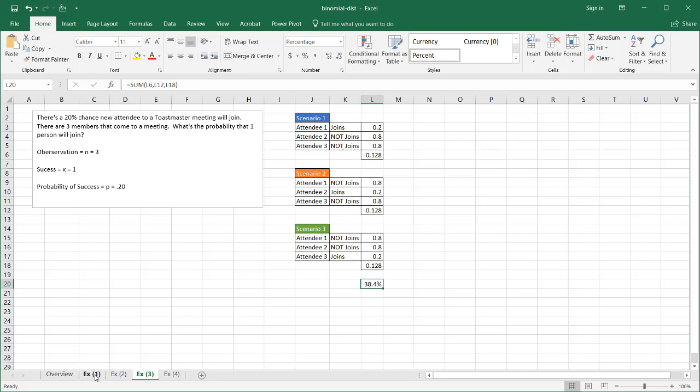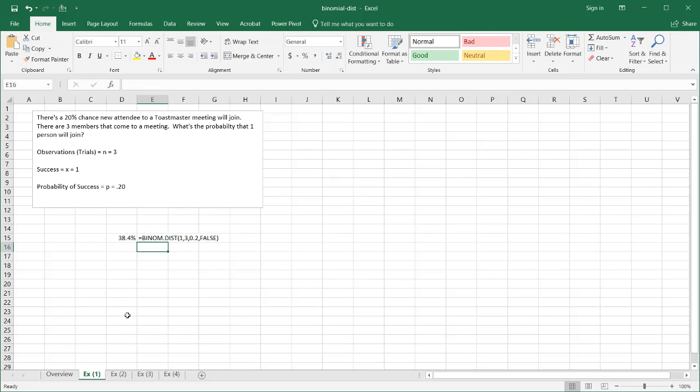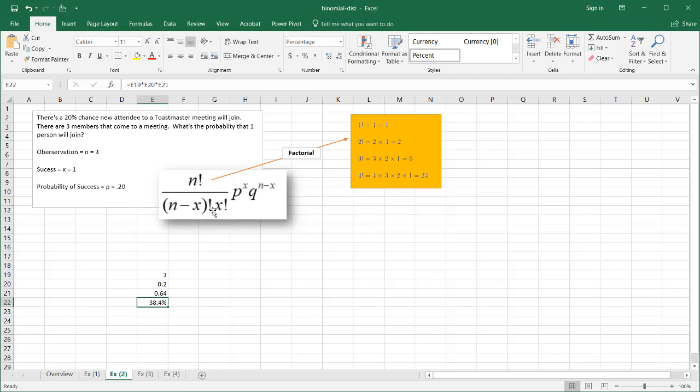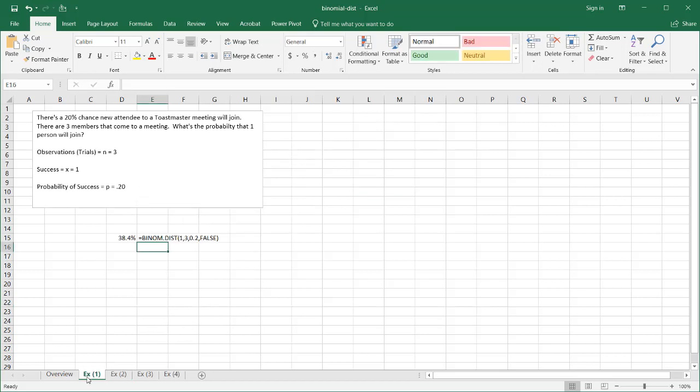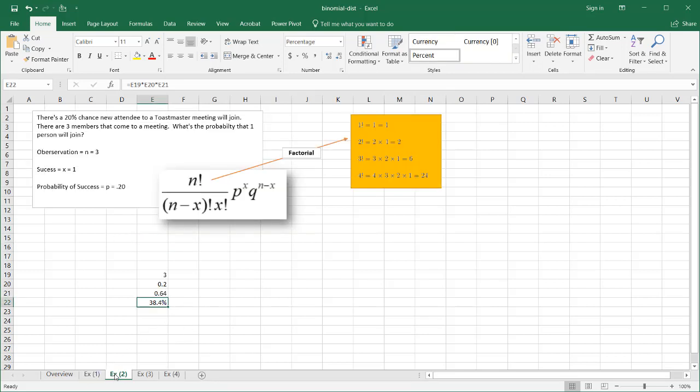So either doing it via the binomial function or the BINOM.DIST function, or just doing it via the formula would probably be the better way if you had large sets of numbers. And by far the easiest, of course, is our function here. But if you were ambitious, using example 2, the formula here, probably would be another way to do it.